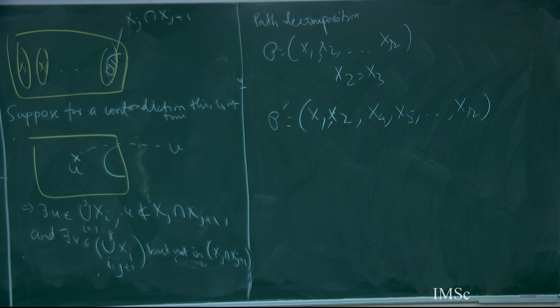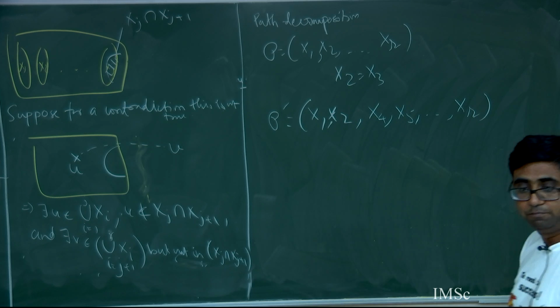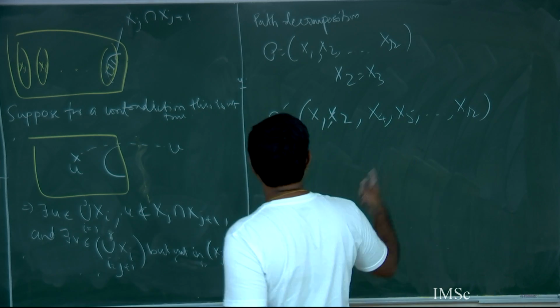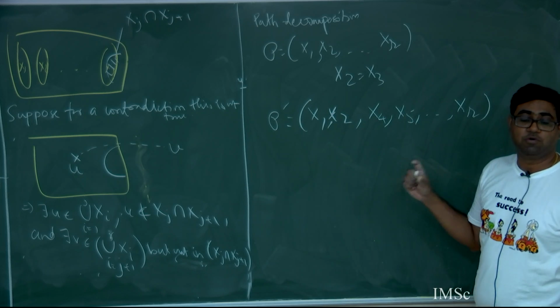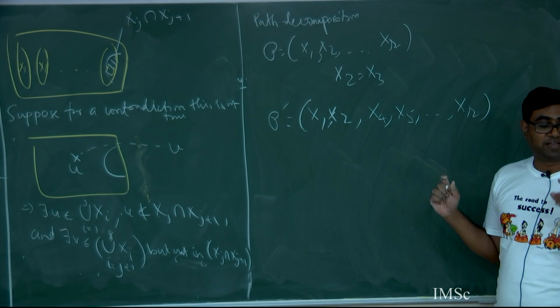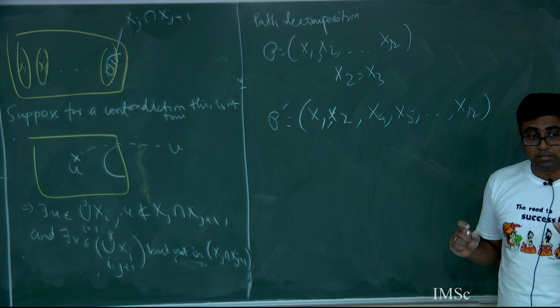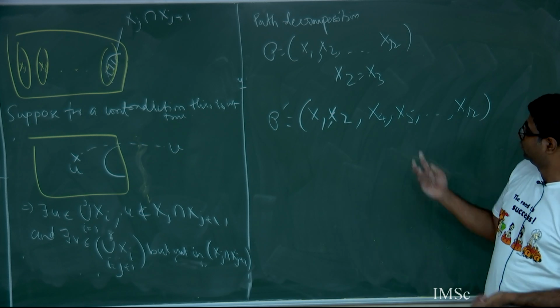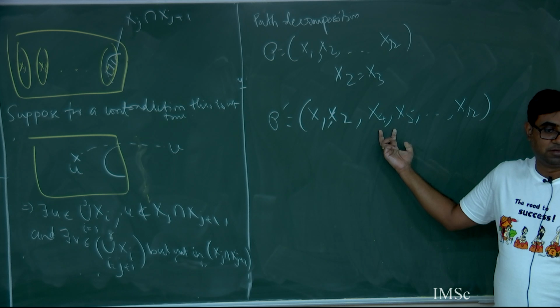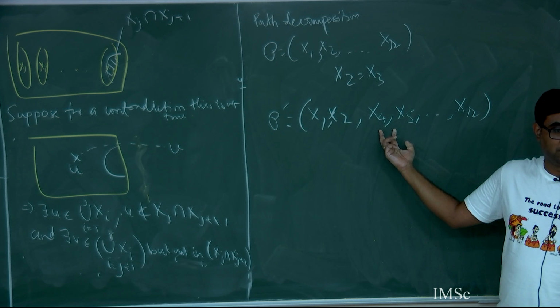So what does this mean? If you have a path decomposition of width p, then this sequence naturally defines a sequence of separators of size how much? p, not p plus 1, p. Why? Because two consecutive bags are not the same, so their intersection will be at least one less.